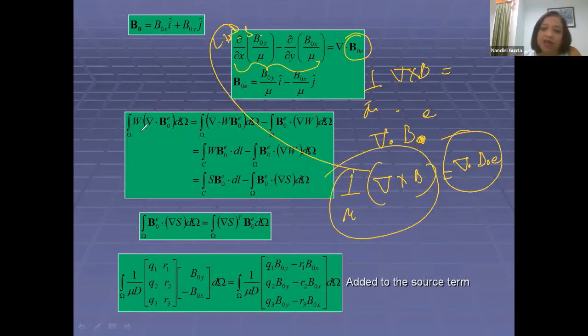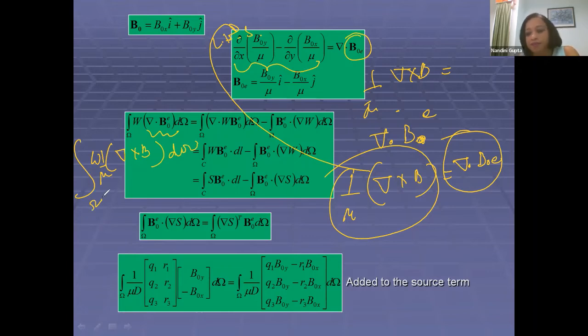So when I am taking the weighted residual of this quantity, I'm actually taking the weighted residual of... agreed? And the magnitudes are the same, but here you have a vector.